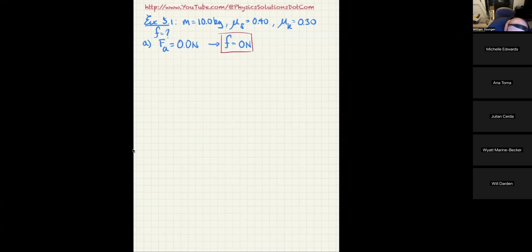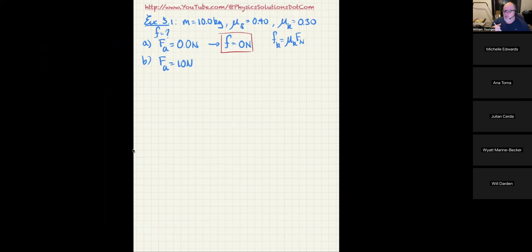Now for part B, they want you to assume that the applied force Fa, well, I could have written that worse. I just can't imagine how. But the applied force Fa in that case is 10 newtons. Now, I should point out that the kinetic friction is equal to mu k times the normal force.